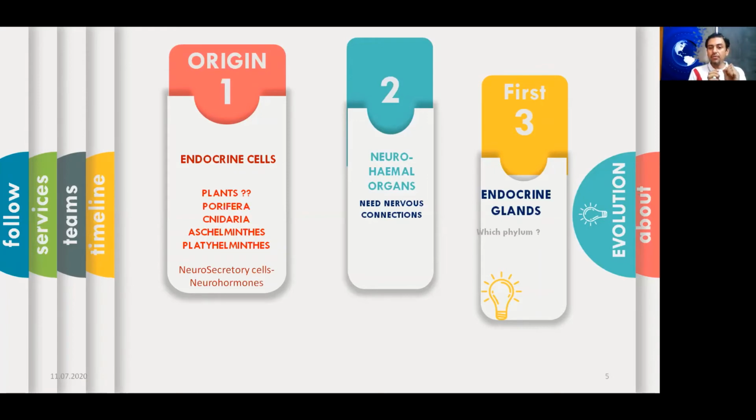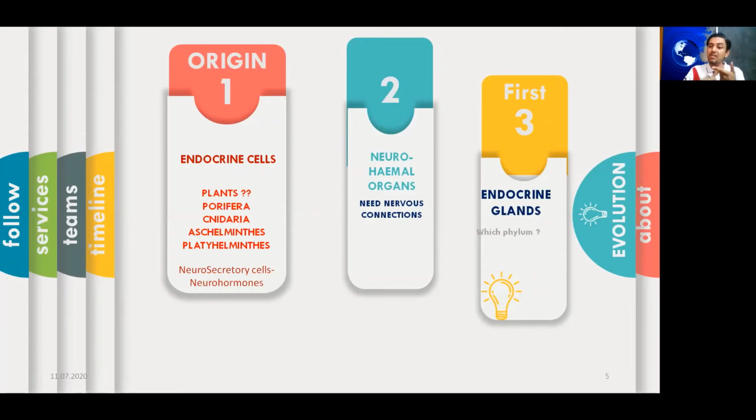But then how do neurohemal organs differ from endocrine glands? See, the neurohemal organs can secrete the hormone, but they cannot release the hormone without a nervous stimulation. So corpora allata and corpora cardiaca, these glands present in cockroach, secrete the hormones also, but they need an external nervous stimulation to release the hormone.